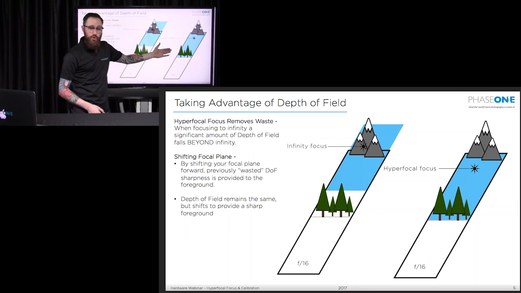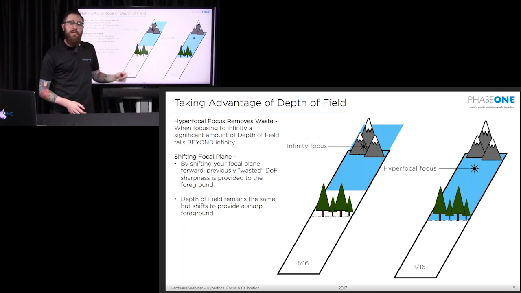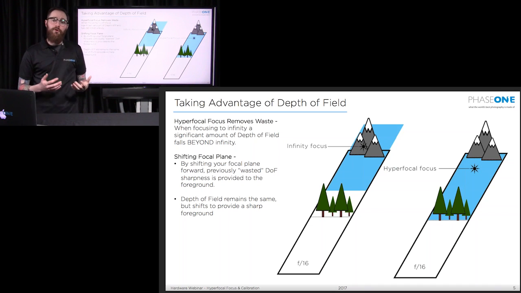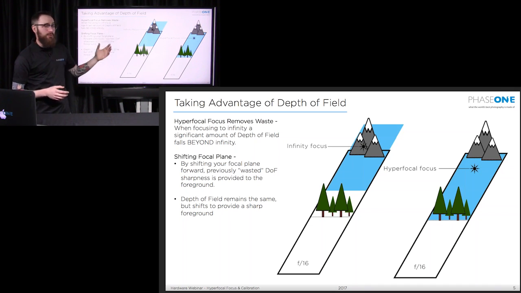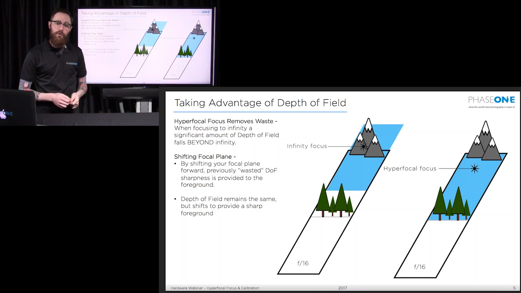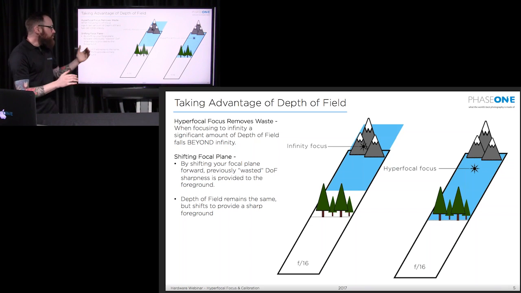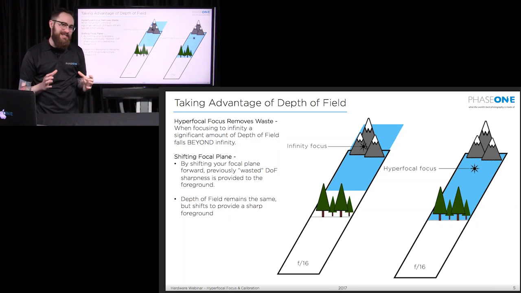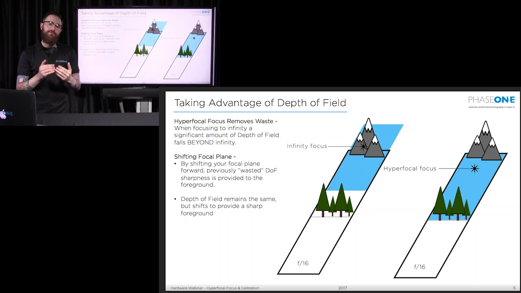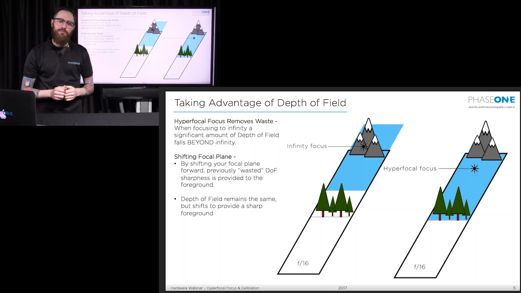In this case, there's some beautiful trees, beautiful mountains, and if I use my hyperfocal focus, one that I've calibrated in the XF camera system, I'm able to achieve nice sharp focus, acceptably sharp focus, from the foreground all the way to the background in the mountains. So you're really shifting your focus, and the depth of field remains exactly the same, but you're just moving the actual focal plane forward and therefore shifting your depth of field forward to encompass all of your subject matter.